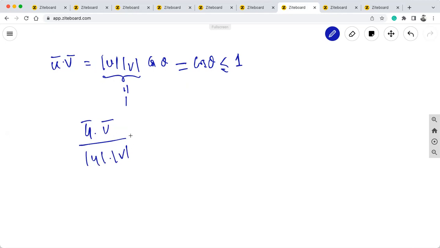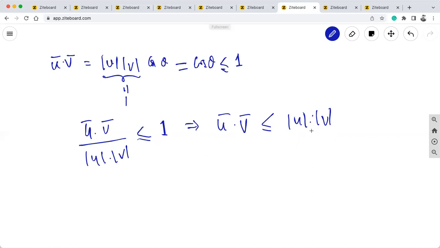is less than or equal to 1, or you can have u dot v less than or equal to mod u into mod v, right? For any two vectors u, v.